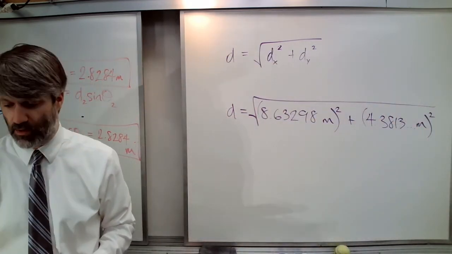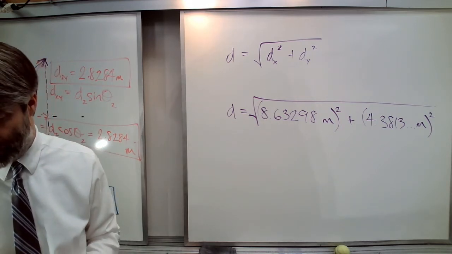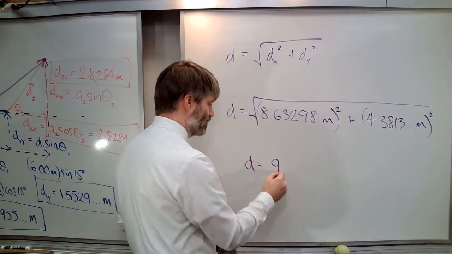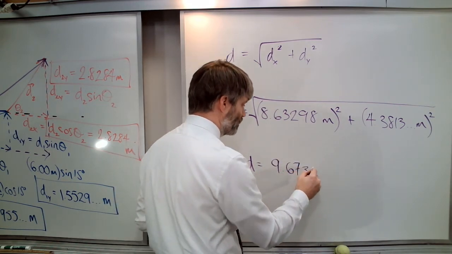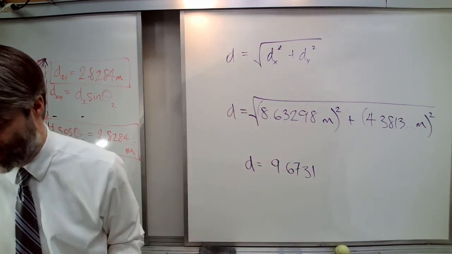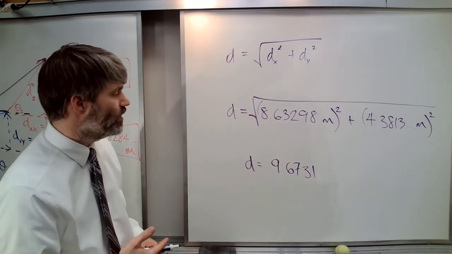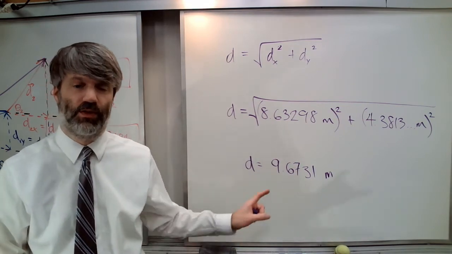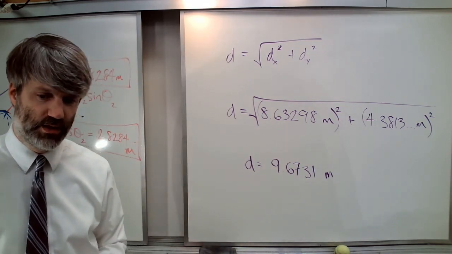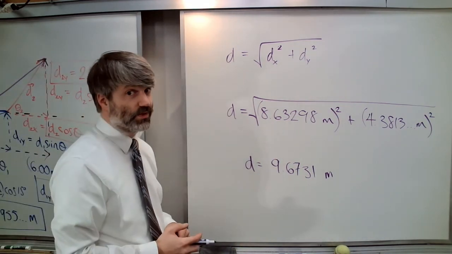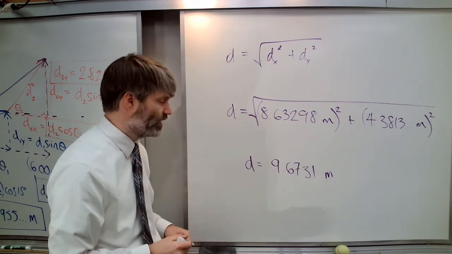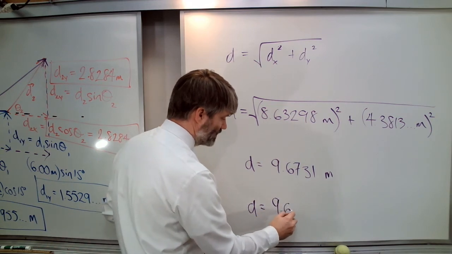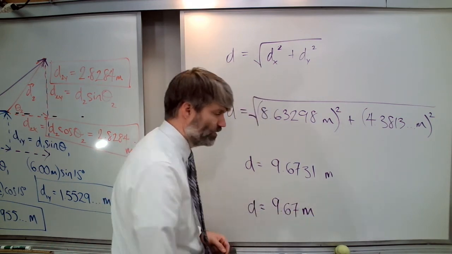Alright, so we're using the Pythagorean theorem with this, and we get a value of 9.6731, etc. This is part of our final answer, so this is a number we are going to round. In this case, we were given 3 significant figures. I know you like that. So the magnitude is going to be 9.67 meters.